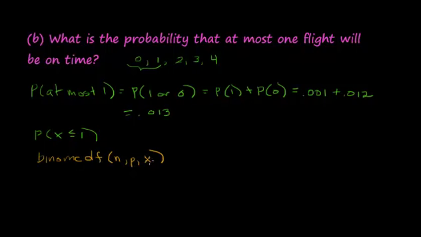So if I put in a 1, it's going to give me the probabilities of all the values up to 1, 0 and 1. Now if I wanted x is less than 7, it would actually give me the sum of the probabilities from 0 to 7. So that's what the cumulative function will do for us. Okay, so let's use technology and see if we get this same answer.